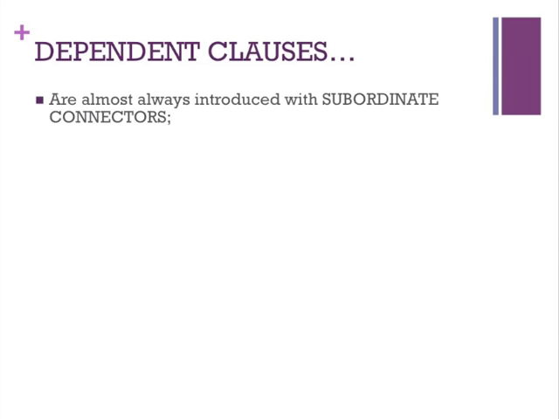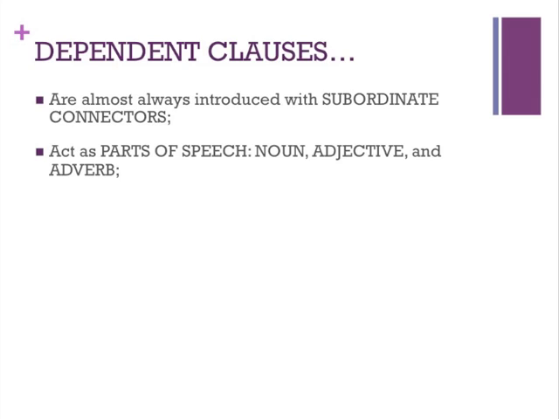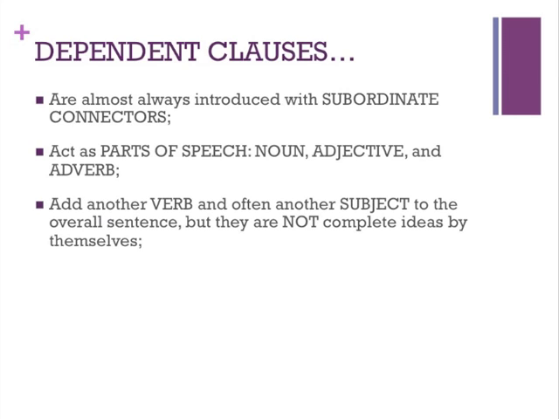We learned that dependent clauses are almost always introduced with subordinate connectors, and we detailed those in the second video, but clearly there are several more that you need to study. They act as parts of speech, specifically nouns, adjectives, and adverbs. They add another verb to the sentence, and often another subject, but they are not complete ideas by themselves.